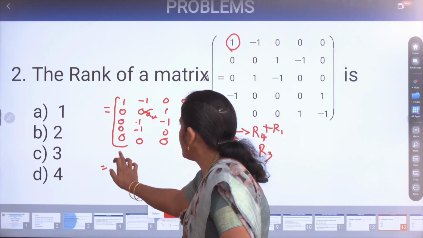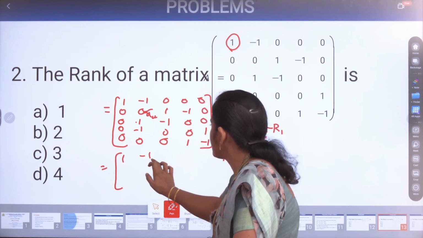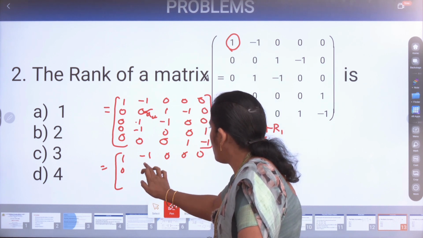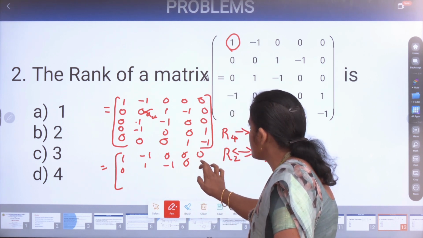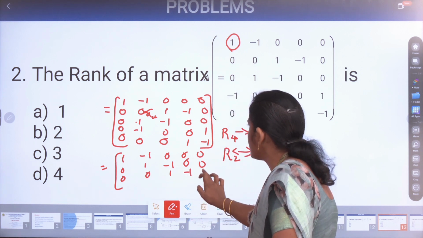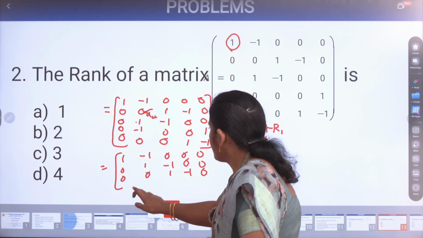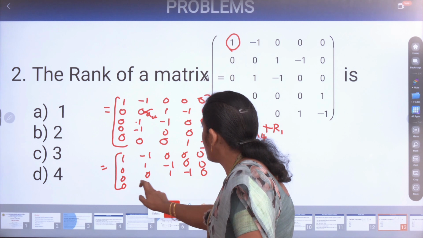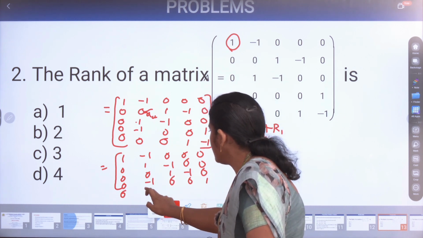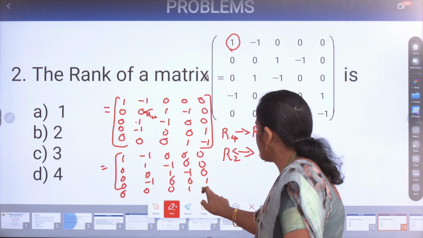So this can be written as 1, minus 1, 0, 0, 0. So 0, 1, minus 1, 0, 0. The next one is 0, 0, 1, minus 1, 0. The next one is 0, minus 1, 0, 0, 1. Finally, the last row is 0, 1, minus 1.